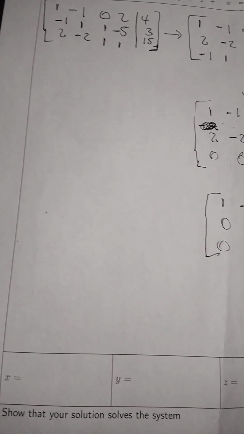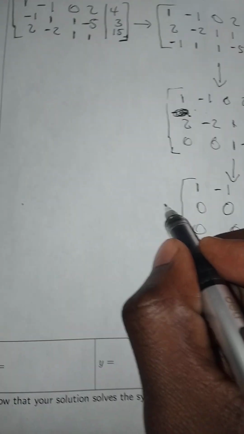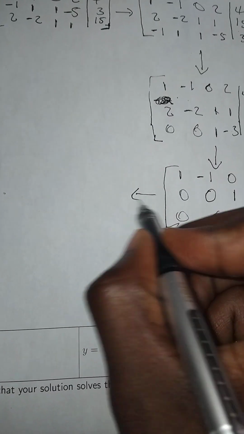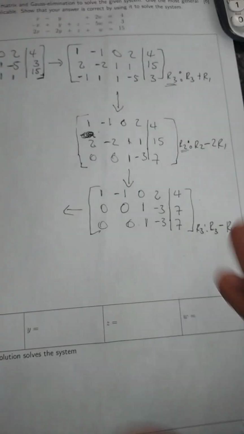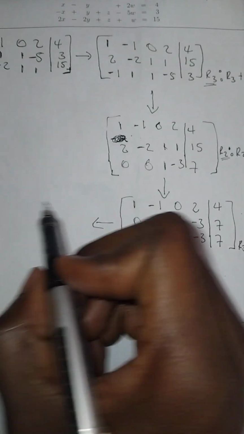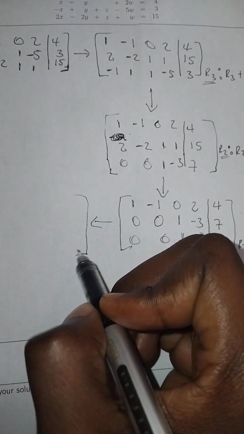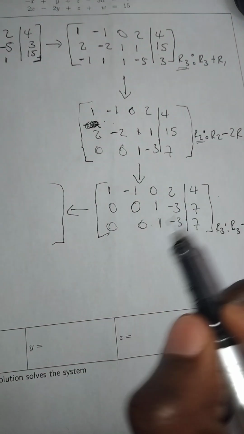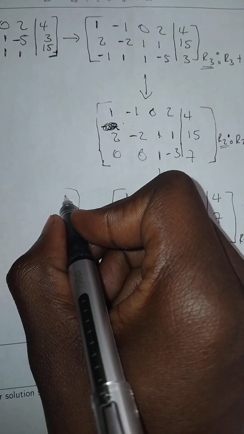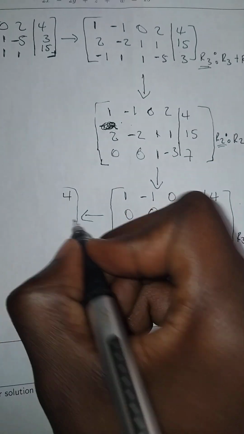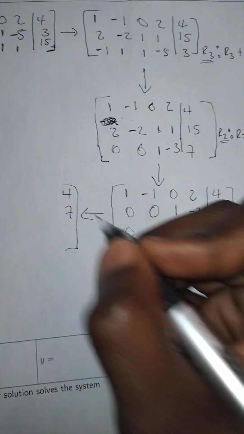When I do that, I get a new matrix. Let me go this way since I no longer have space there. I'm keeping row 2 and row 1 exactly as they were. So I have 4, 7, like that.